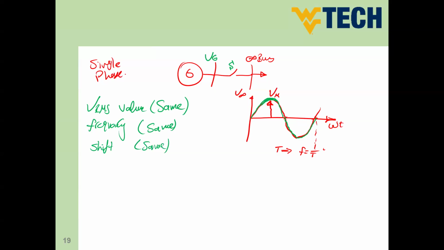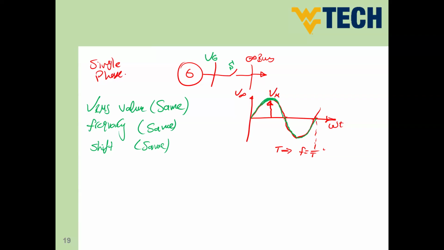In a three-phase system, you know that we have three phases. So we need to have the three conditions on the three phases. And having the three conditions on the three phases means having the same RMS value, frequency, and shift for phase A of generator and infinite bus, phase B of generator and infinite bus, and phase C of generator and infinite bus.